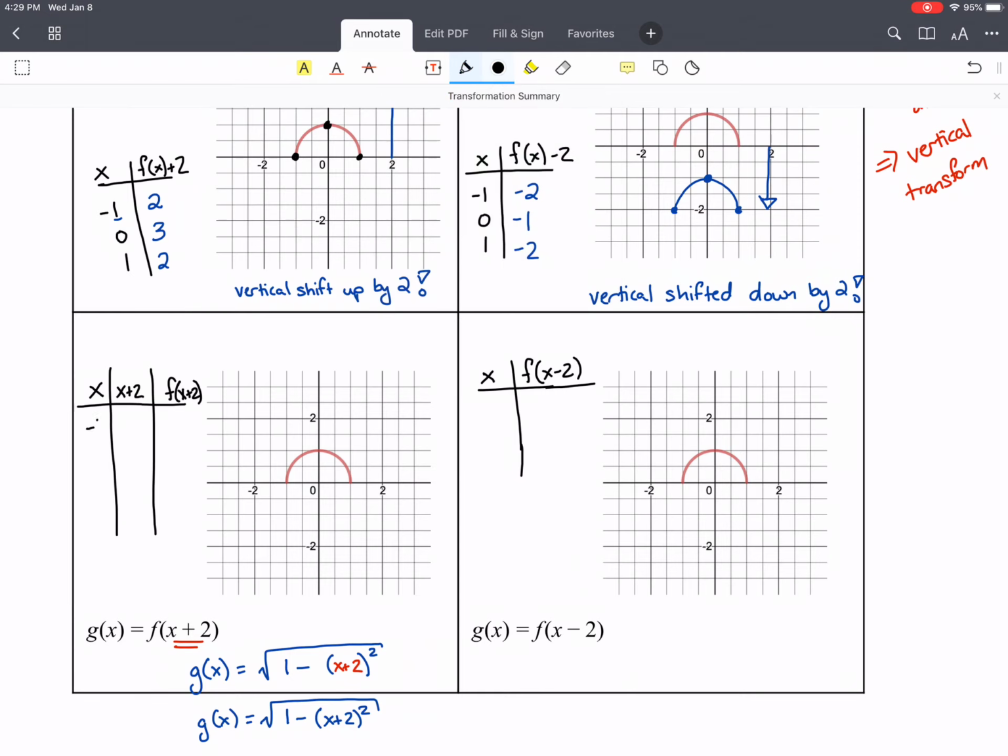I could try x is negative 1. When I do negative 1 plus 2, I get 1, and then f of 1, if you recall, was originally 0. So that's one way to think of it. So when x is negative 1, I still get 0.